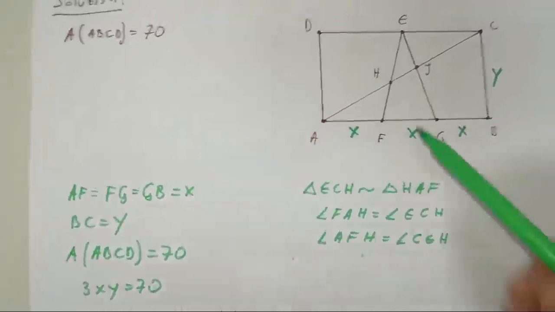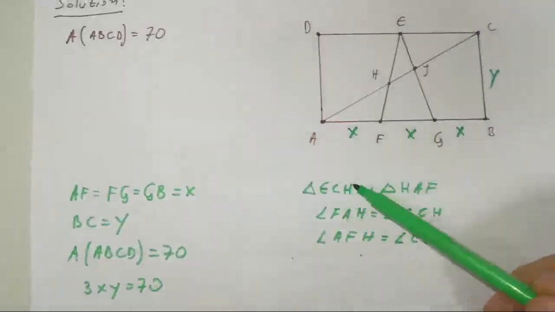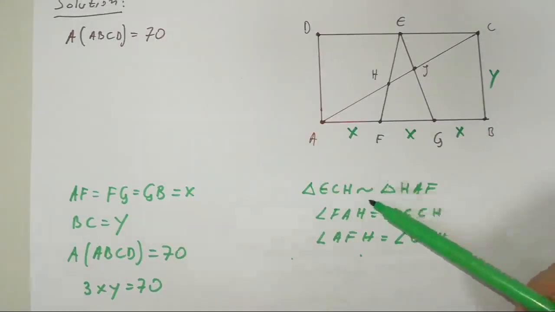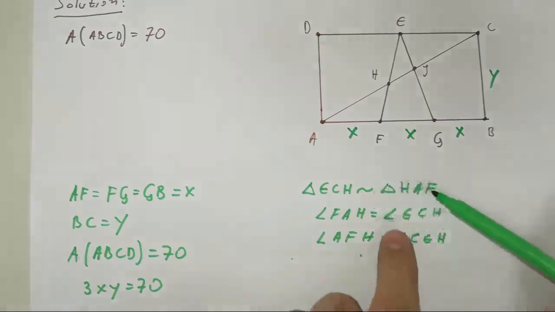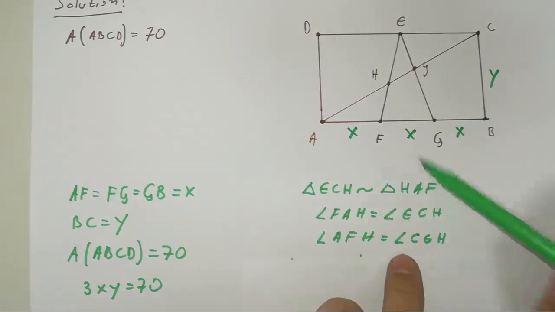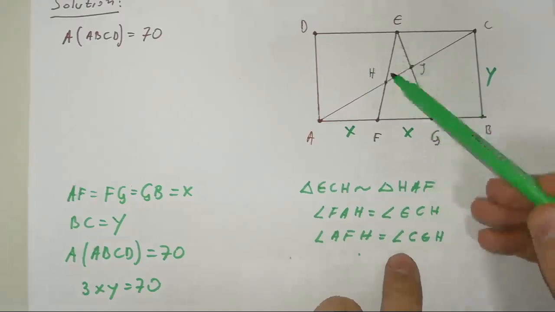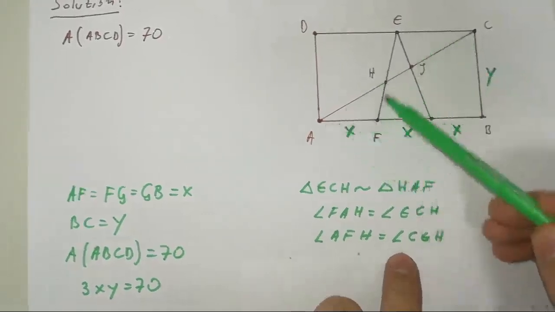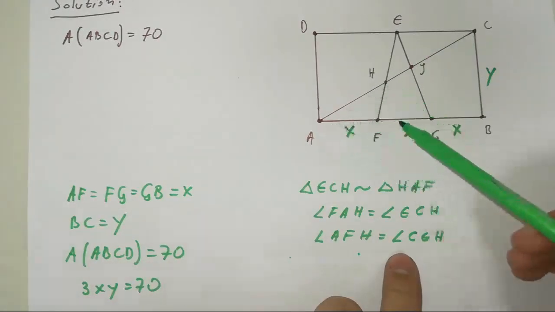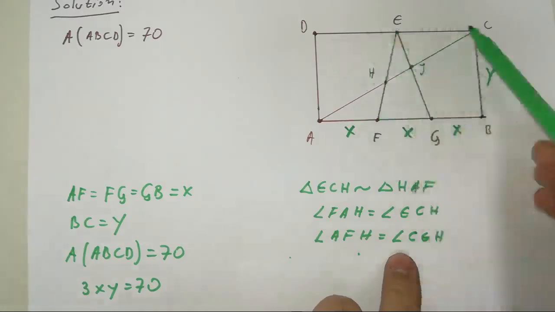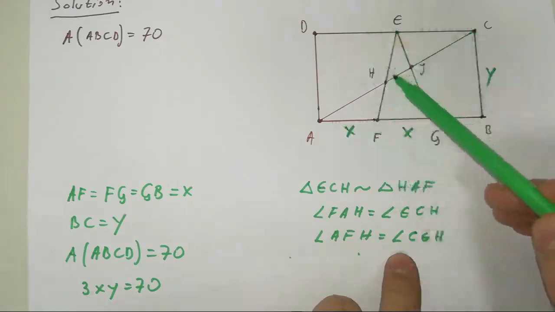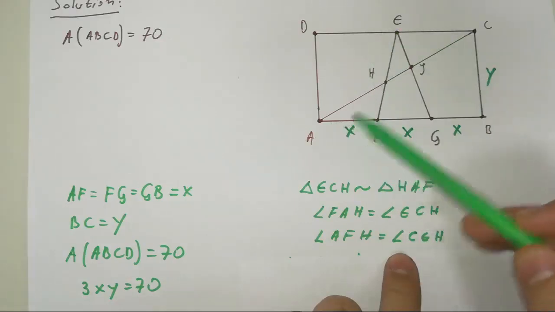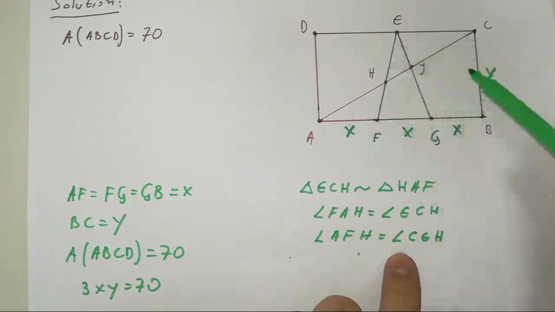Now, if we show that the triangle ECH is similar to the triangle HAF, so this triangle is similar to this triangle here. It's easy to show because look, we have two parallel lines and three pairs of congruent angles.